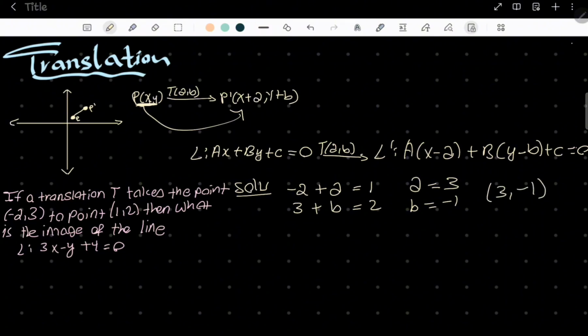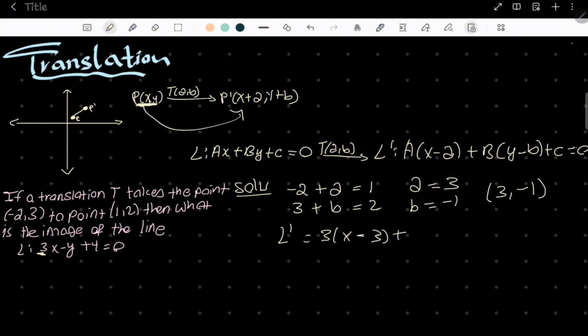Now let's apply the formula from earlier that I showed you. All we need to do is just plug in the numbers and then move along. So L prime will be equal to A, and in this case, this 3 will be A. So A is 3, and then we open brackets and put in x minus our translation vector, which is 3.